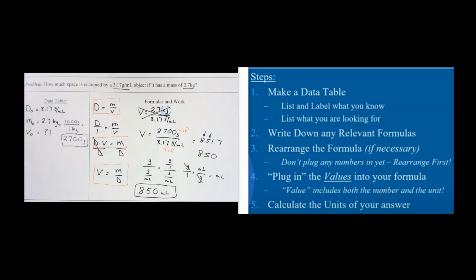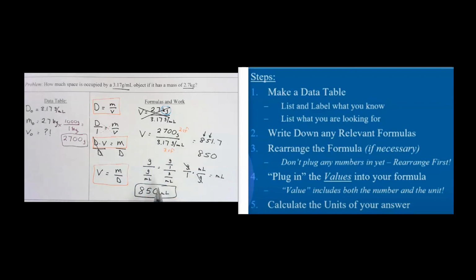Okay, this would be worth a ton of points on a test or a quiz. So you definitely get a point for your data table, a point for your equation, a point for reorganizing it. So you're at 3 points already. You're going to have to change this into grams, another point there. So you're at 4. Got to show your work. That's 5.